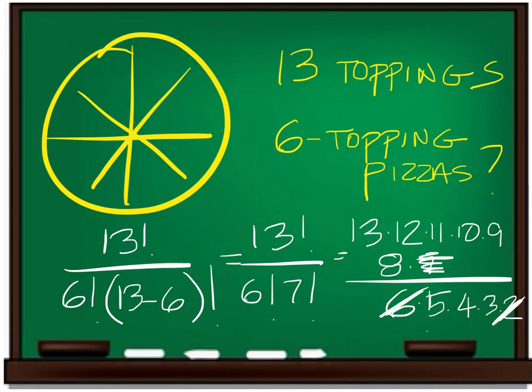6 and 2 is 12. Those are gone. You have a 5 on the bottom and a 10 on the top. That becomes 2. 3 and 9 is 3. And that's pretty much it. The 4 will have to stay on the bottom. Well, no, actually the 4 and the 8, since I put it on a second line.